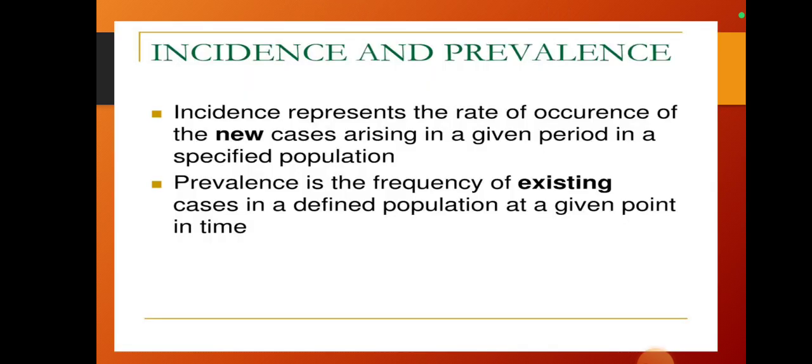Incidence and prevalence. Incidence represents the rate of occurrence of new cases arising in a given period in a specified population. Prevalence is the frequency of existing cases in a defined population at a given point in time.